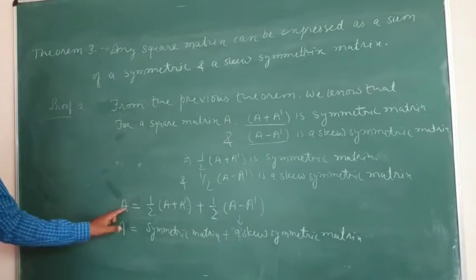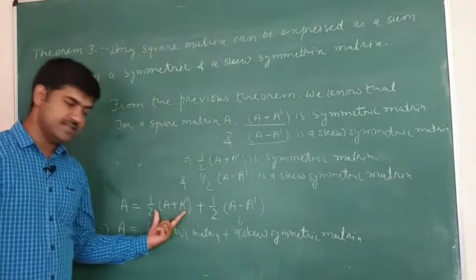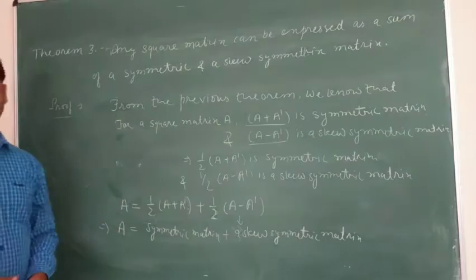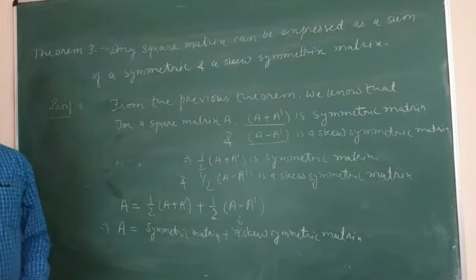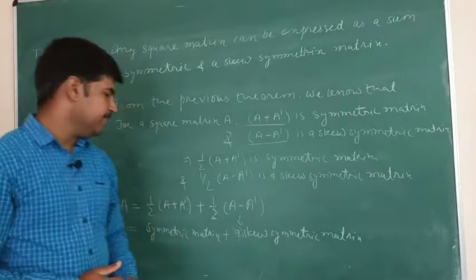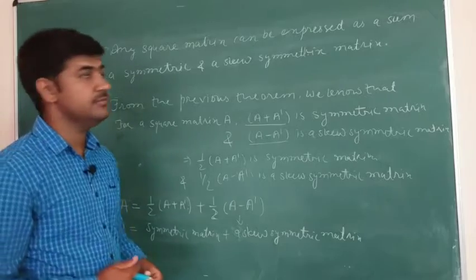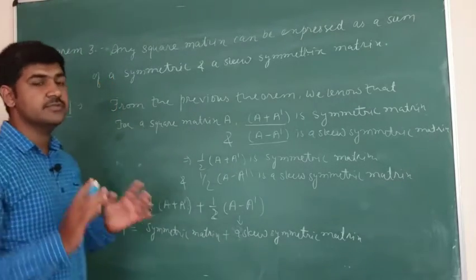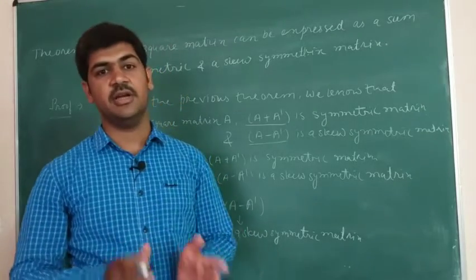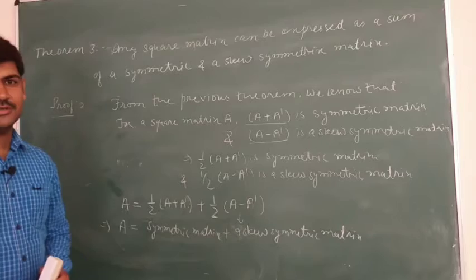So students, we have expressed A as this plus this. This is actually a symmetric matrix and this is a skew symmetric matrix, and that is how A has been expressed as a sum of symmetric and a skew symmetric matrix. The statement of the theorem is any square matrix A can be expressed as a sum of a symmetric and a skew symmetric matrix. So I hope you have understood it.